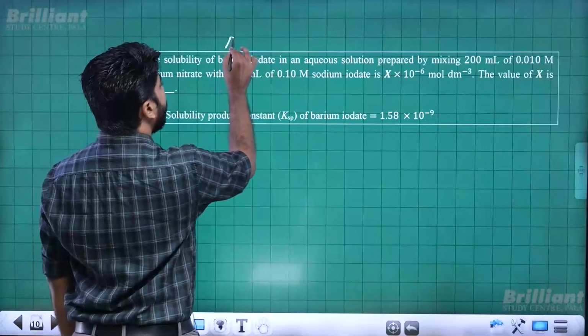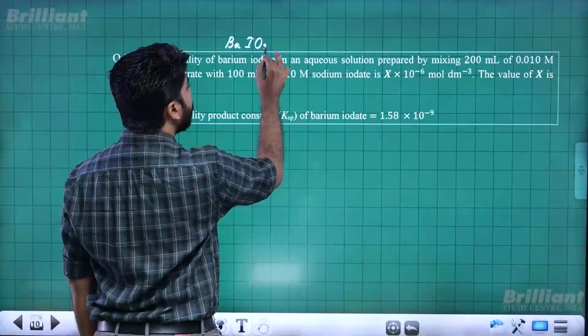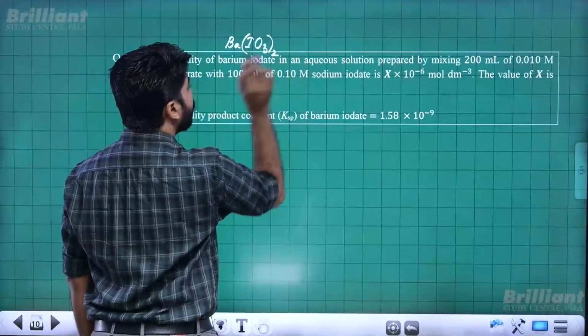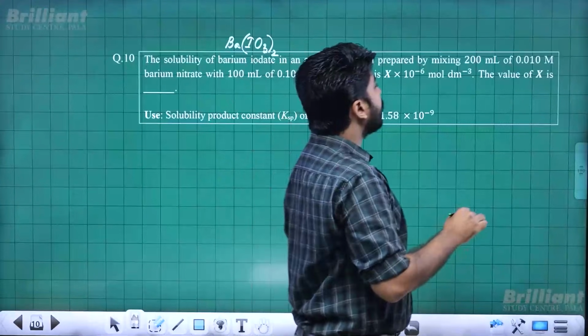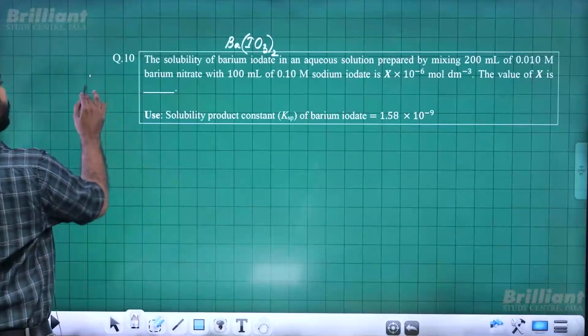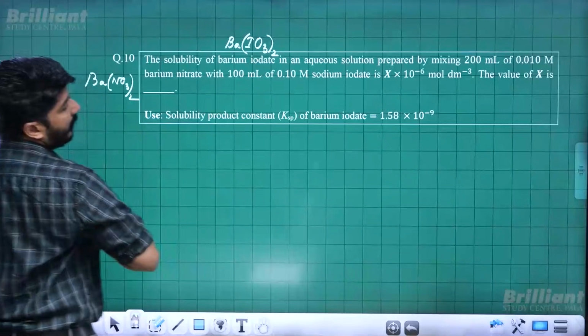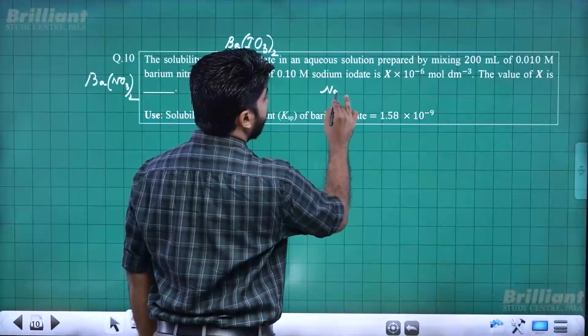Let's identify the formula first. Barium iodate means Ba(IO3)2. Iodate is IO3 minus. This is barium nitrate and sodium iodate.